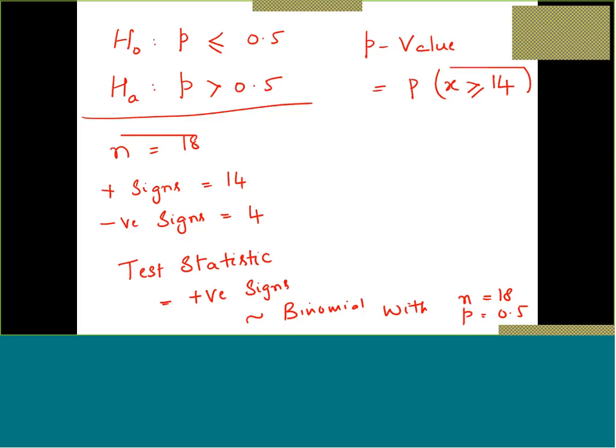So now we want to use this. I cannot use normal because sample size is very small. You have to use the binomial. How do you use binomial? Convert them into CDF. 1 minus probability of X less than or equal to 13. So let us see whether we can do it or not from the table.